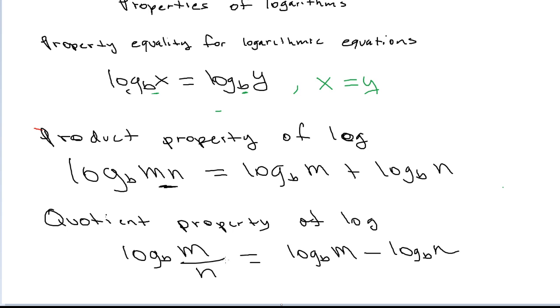So an example of this could be, let's say I have the logarithm base 8 of 2/3. That's going to be equal to logarithm base 8 of 2 minus logarithm base 8 of 3. All right, it's called the quotient property.